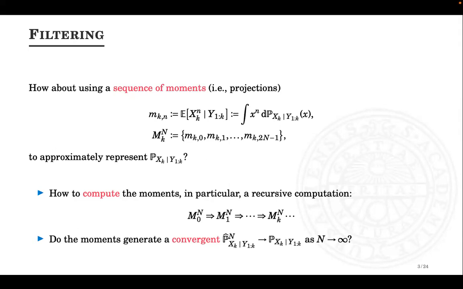The second question is, suppose there is some algorithm to do that, can we get some convergence guarantee? Will the moments converge to the true distribution as we increase the order of moments to infinity?